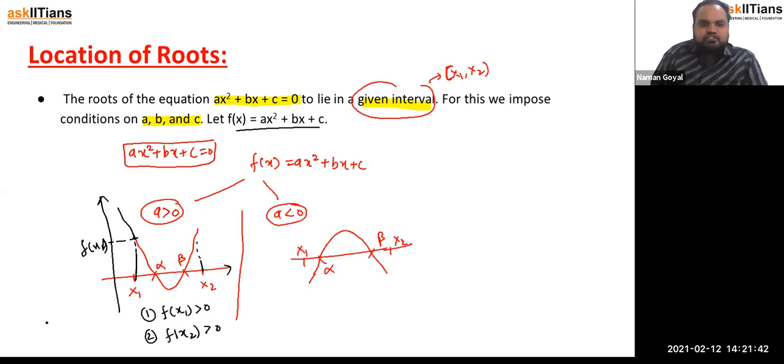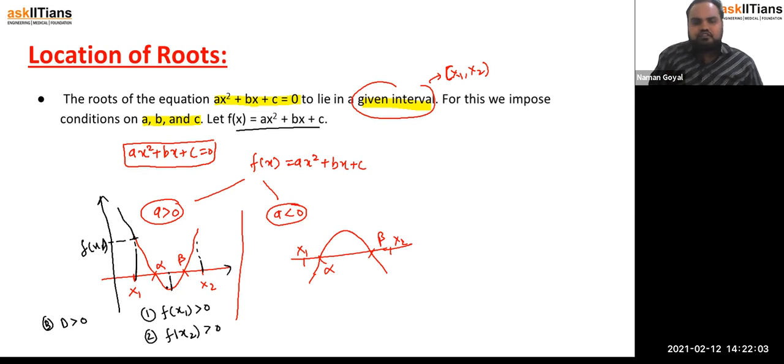And D must be positive. The third condition is for D: because here two roots are there, if we are talking about two roots, then D must be positive. And the x-coordinate of the vertex, which is minus b by 2a, is greater than x1 and less than x2.